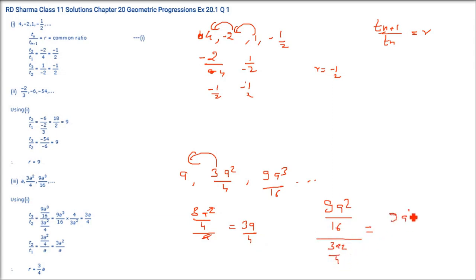And if you see 9A cubed by 3A squared, here it will be 4 4 16, 3 3 9, and A squared, A cubed, A will remain. So what do you get? Again you get 3A by 4, and this 3A by 4 is the common ratio of this sequence or series. So common ratio is 3A by 4.